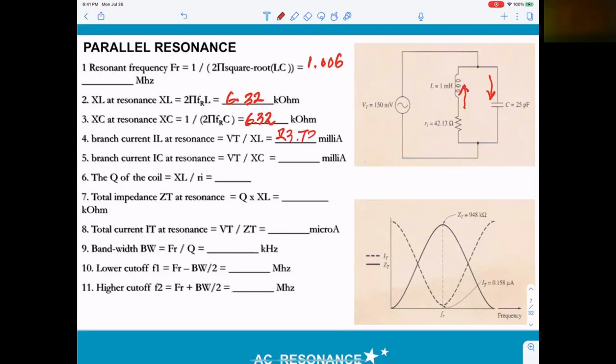If he wants milli, then it's 0.023 milli. I gave it to you first in micro. That's micro when it's 23, and milli, you have to divide by 1,000. So it's 0.023. That's the microamp.